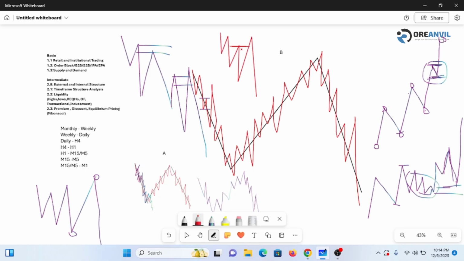Was it that everybody saw this as a break of structure? Everybody tries to sell. So this is a break of structure. Everybody tries to sell and grab liquidity and drop.